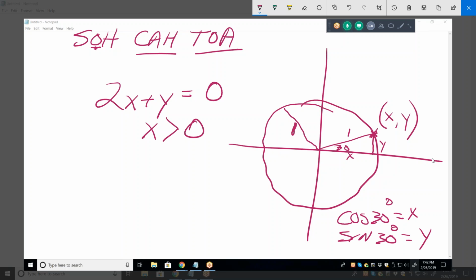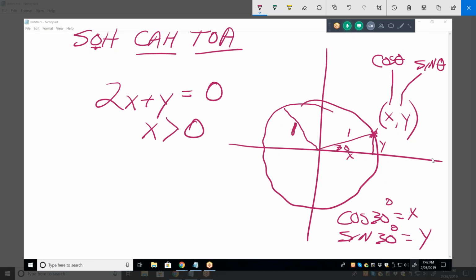So what's happening is that no matter what the angle is, the x-coordinate on the unit circle is the cosine of that angle. The y-coordinate is the sine of that angle.